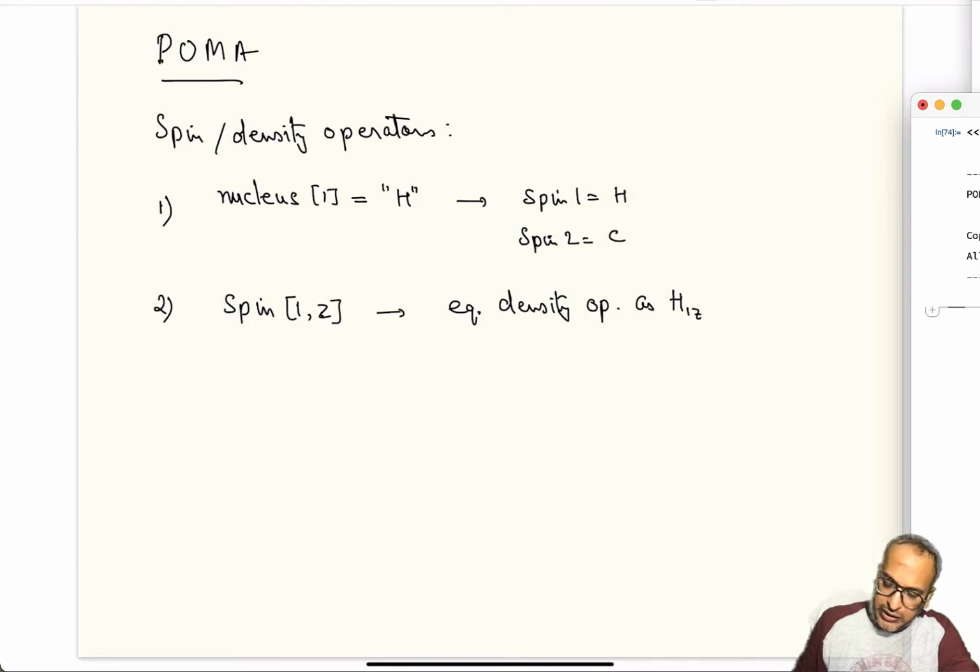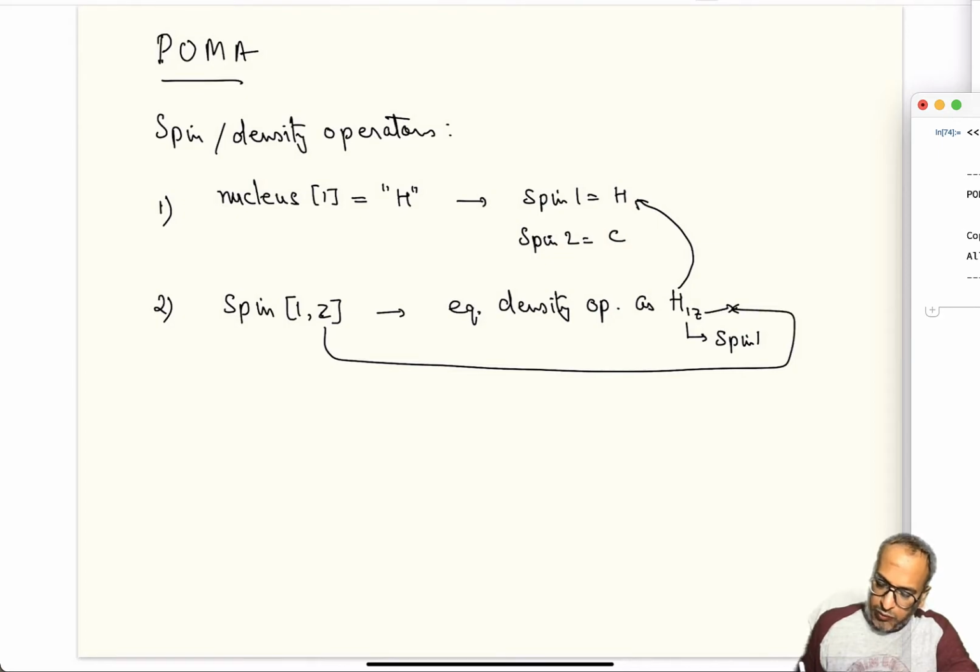H is the label which we have defined here. 1 is for spin 1, which is defined by the nucleus 1. If it is spin 2, then it will be written as 2 here. Z is this variable over here. So if we are defining the equilibrium density operator, it will be H1Z.